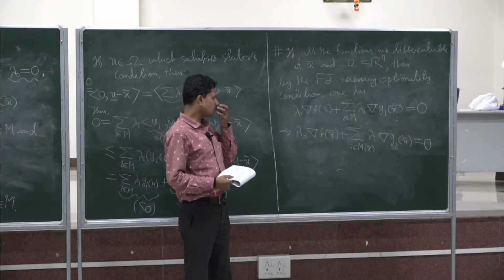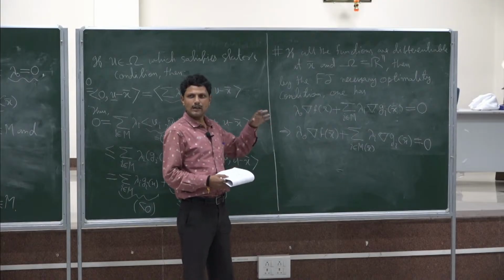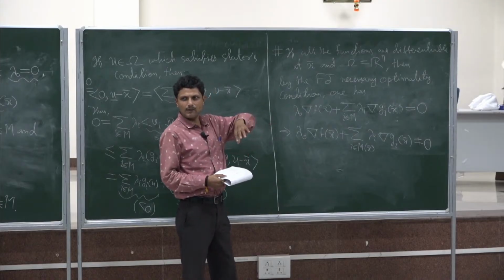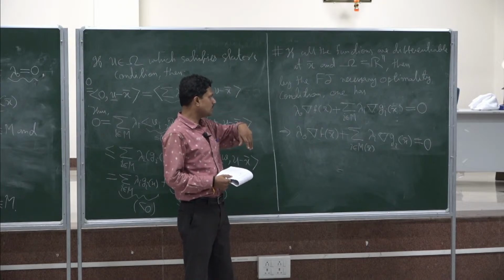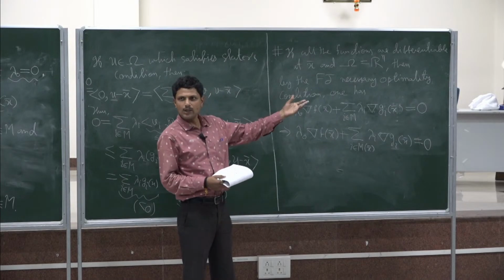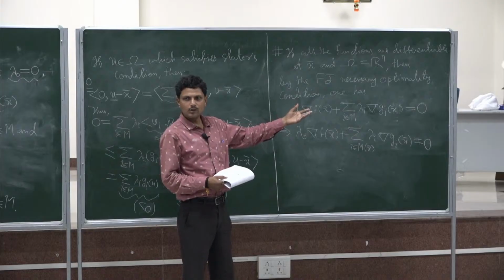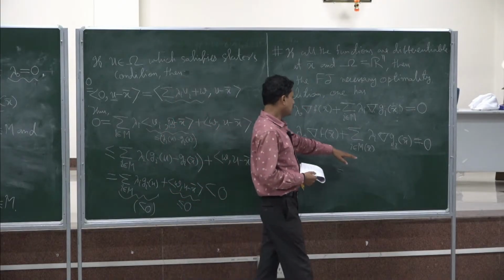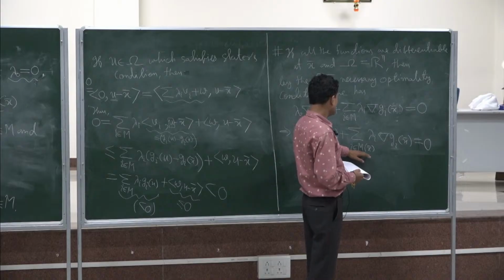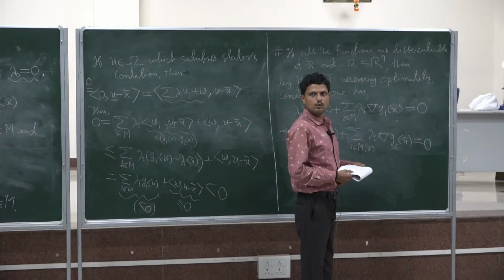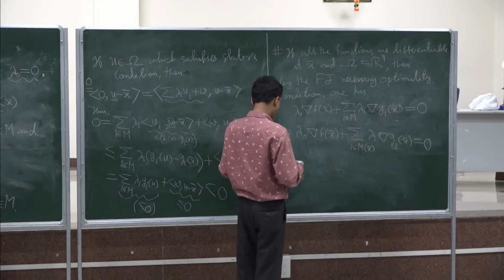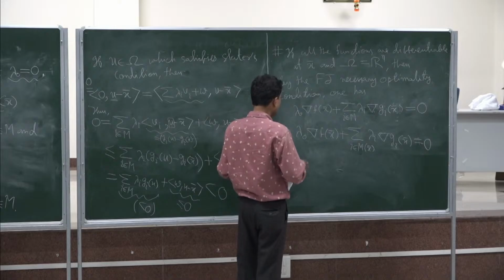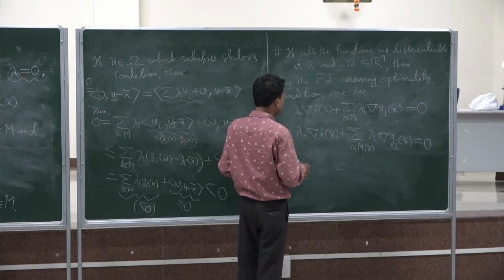Because if I is not in M of x bar, where the constraints are active, this Gi will be less than 0, so lambda I will be equal to 0, right. So whenever I does not belong to M of x bar, lambda I will be equal to 0. So we can exclude those things, right.